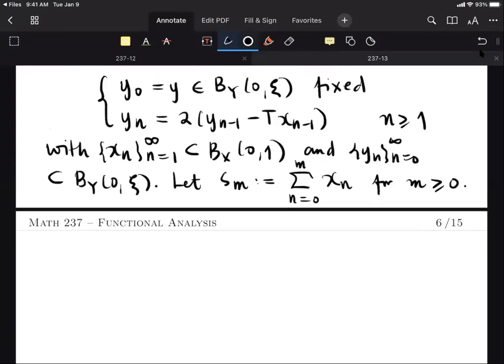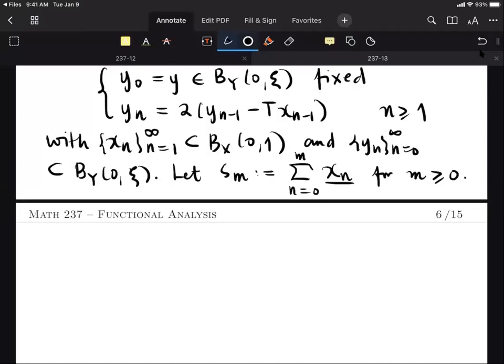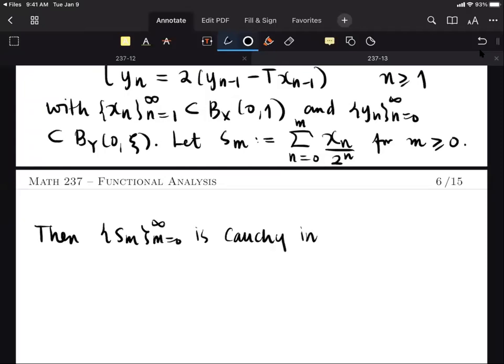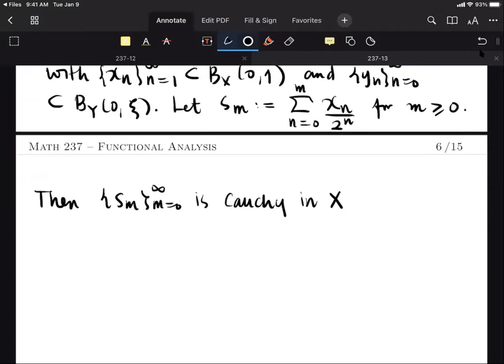Then this is Cauchy in x. Well, you can easily see that. So let's say m is greater than k.